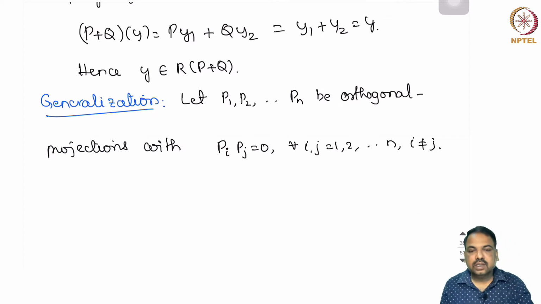When i equals j, then that is Pi square, you will get Pi.